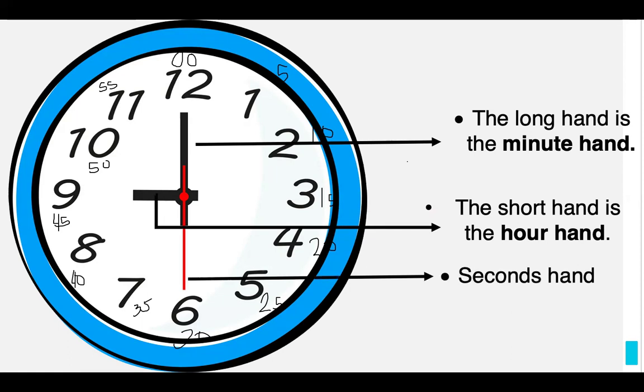When you see an analog clock like this one, it continues to go round, this second hand. Okay, so remember that if we read the minute hand, it starts with 5, 10, 15, 20, and so on.